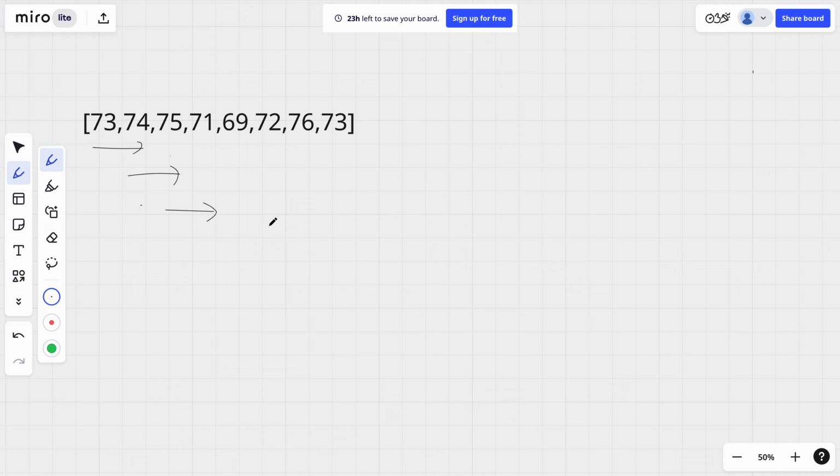Even with the left and right pointer, what's that gonna do though? We're just gonna move right along and then break, and so it's the same kind of algorithm like before.